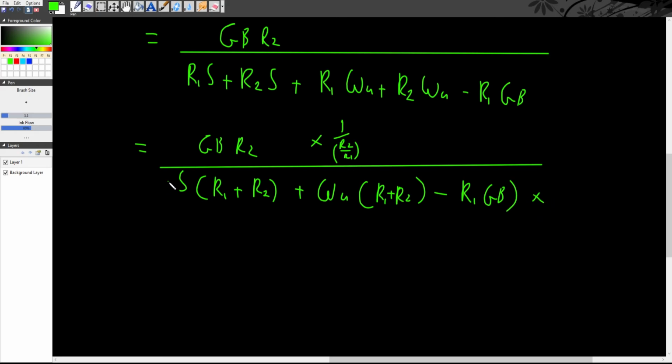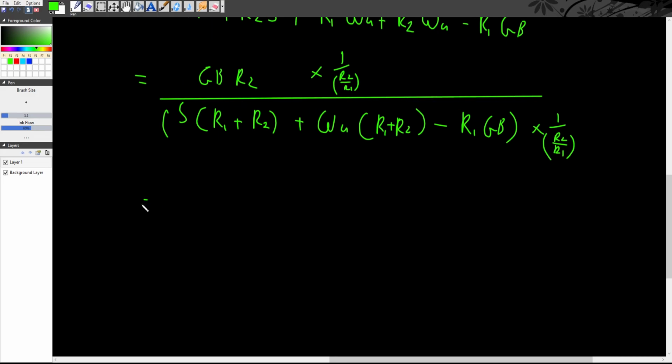So let's multiply both terms, the top and bottom, by 1 over R2 by R1. On the top part, this is going to cancel out with that, and this is going to go at the top, and that's going to make it R1 GB. Now the bottom part, this is like multiplying with the reciprocal.